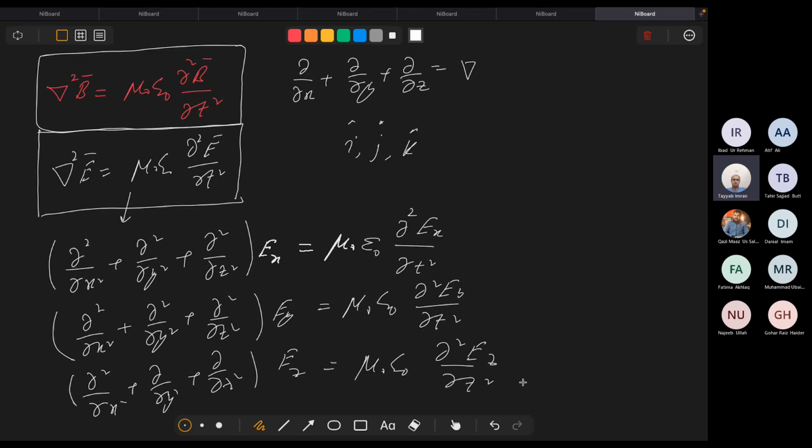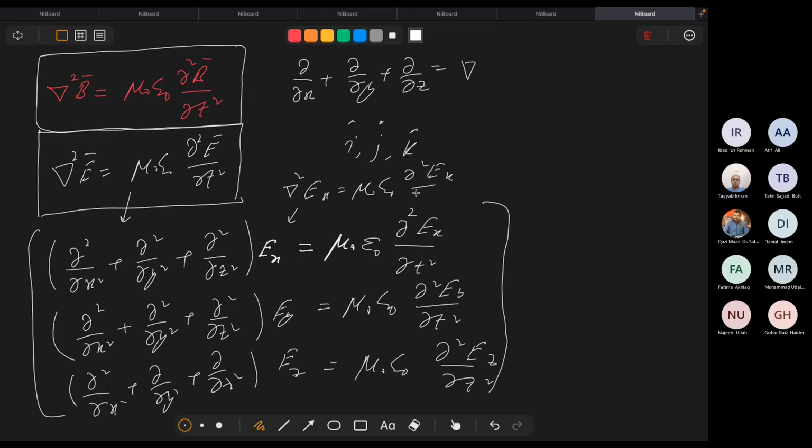And in a similar way we can also write for the magnetic field as well, if you split it up in the component form. Like this one, del square Ex is equal to, you can write like this as well. All these are like this.